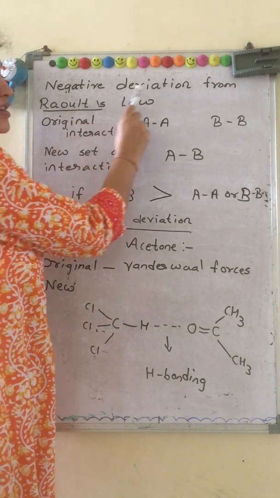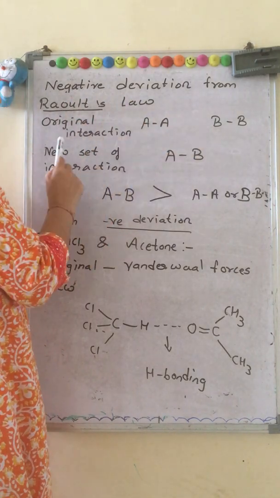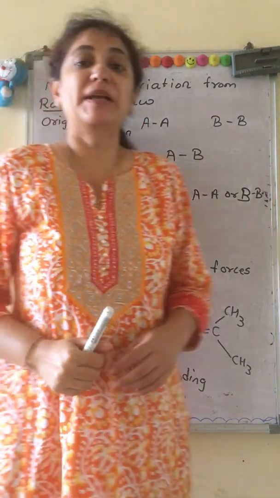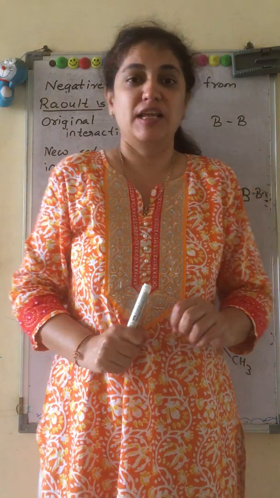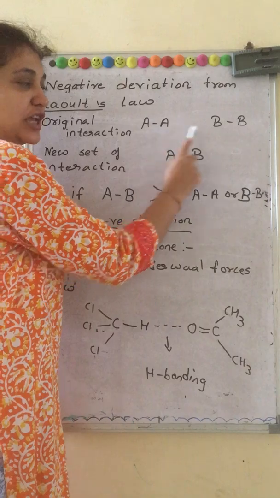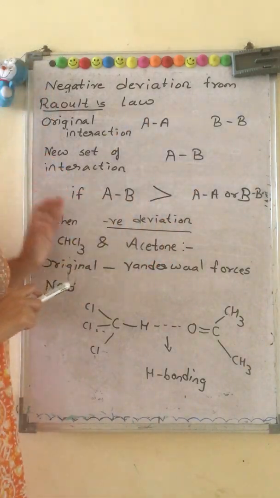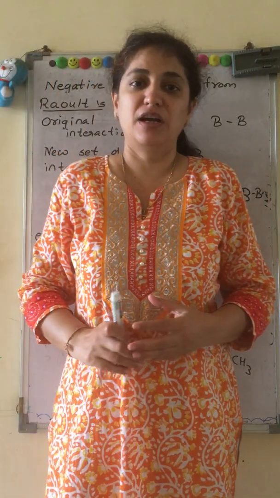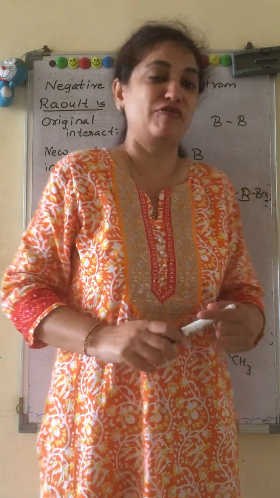Next is negative deviation from Raoult's law. If we are mixing two liquids A and B, then the original set of interaction is A-A and B-B. After we mix them, a new set of interaction develops between them.